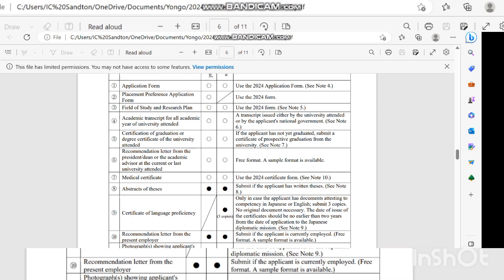So if you mentioned that you have some language proficiency certificates in your application form, when you are ticking the proficiency of whatever languages, make sure you submit those certificates, even though they are not specified here.